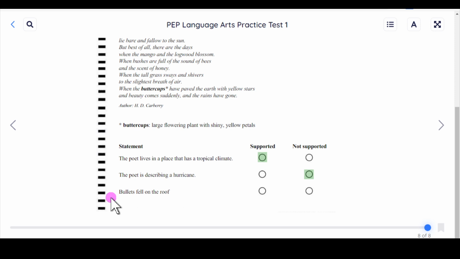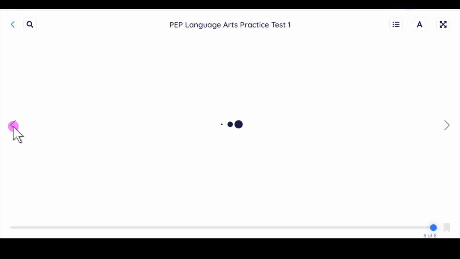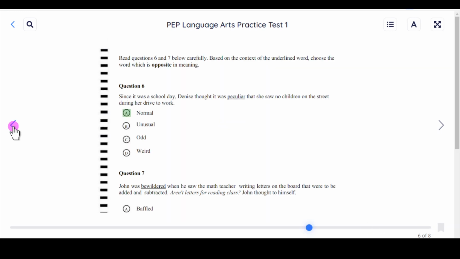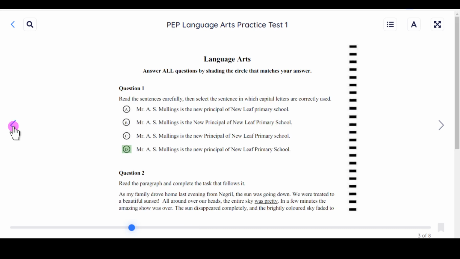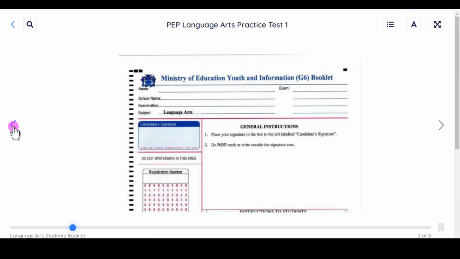All right. We have strategies and tactics that we have to use in trying to go through a paper. All right, guys. So there are several other papers there as well that you can look at.